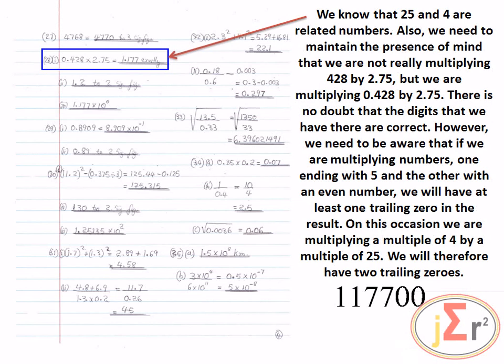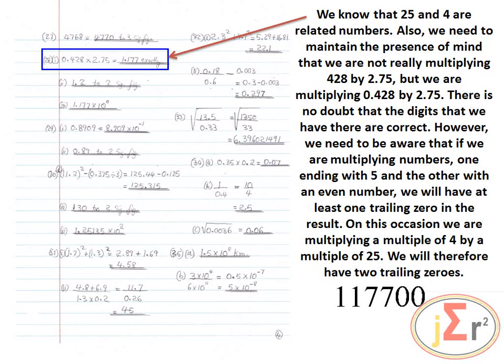If we are multiplying a number ending with a 5 by a number that ends with an even number, then the answer should end with at least 1 zero, because we know that 5 2's are 10, that number ends with a 0. Then we know 5 4's are 20, 5 6's are 30, 5 8's are 40.